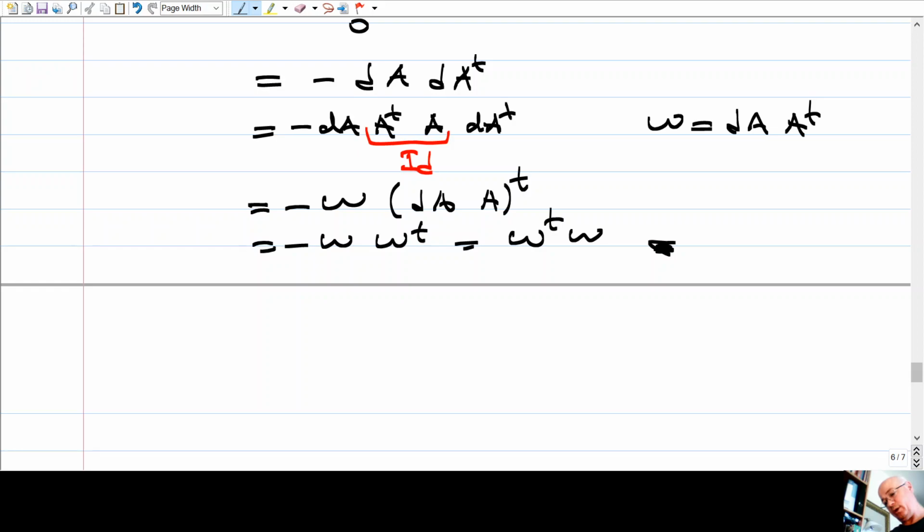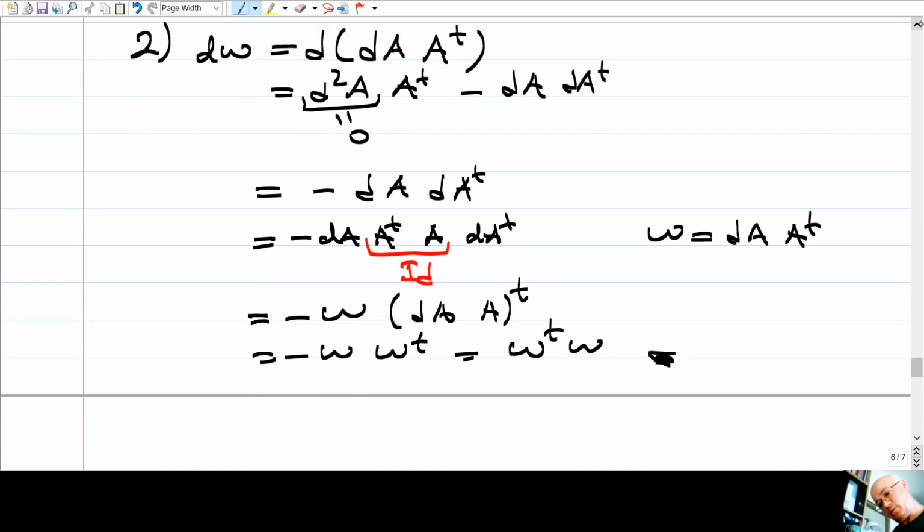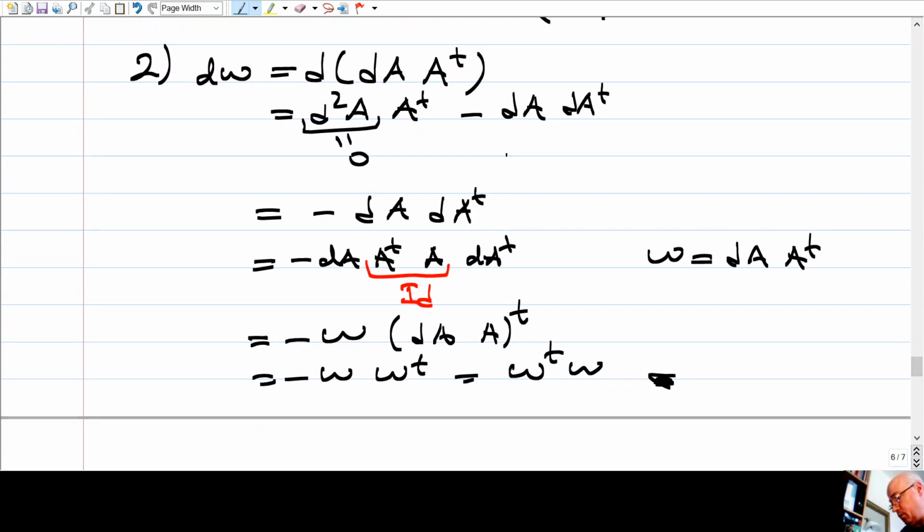Wait a minute. dA transpose, A, dA, okay, dA transpose minus dA transpose.